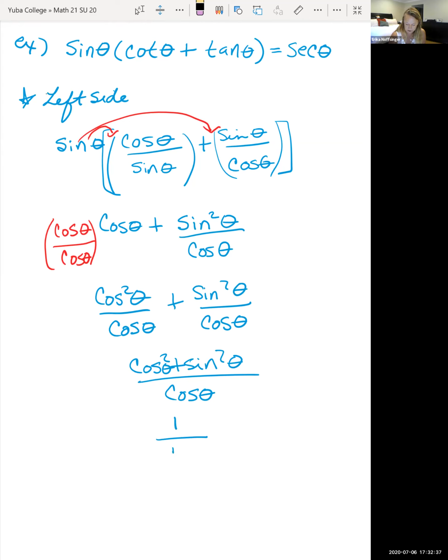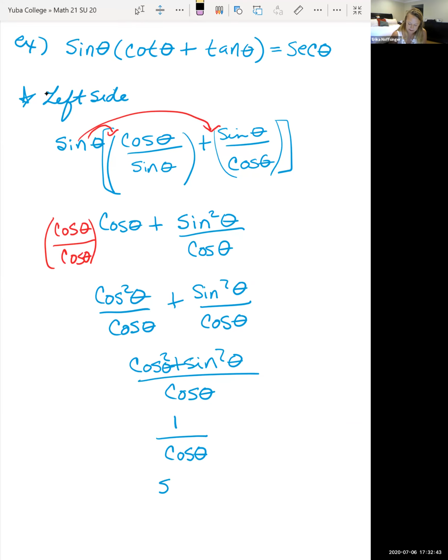So 1 over cosine theta is equal to secant theta. Okay. So we just got to what we wanted to show. We got to the right-hand side, and we only worked with the left-hand side while we were doing this.